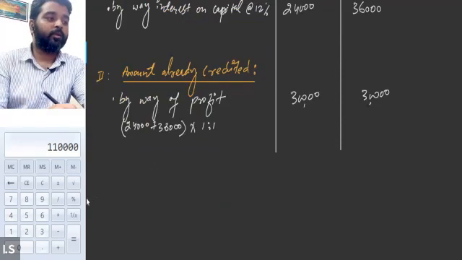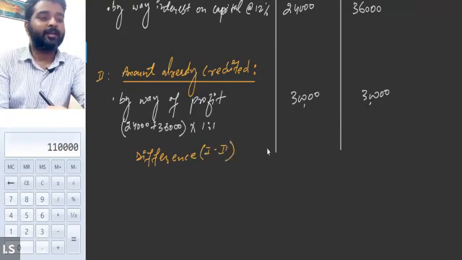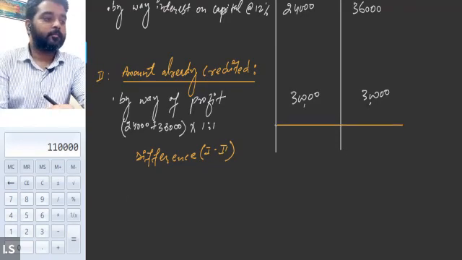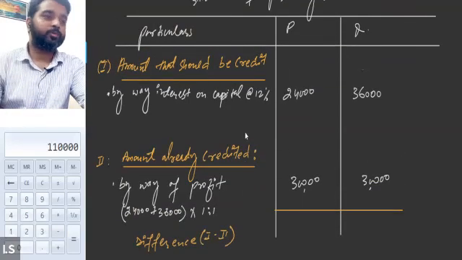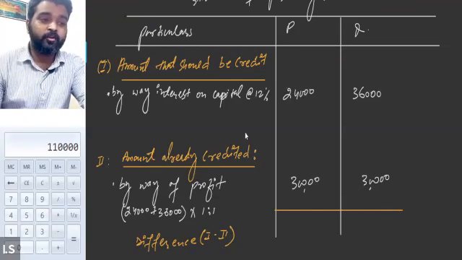So now we will find out the differences. For finding the differences, we will subtract the second component from the first component: item 1 minus item 2. P should have got 24,000 by way of interest on capital, but actually he got 30,000 by way of profit.